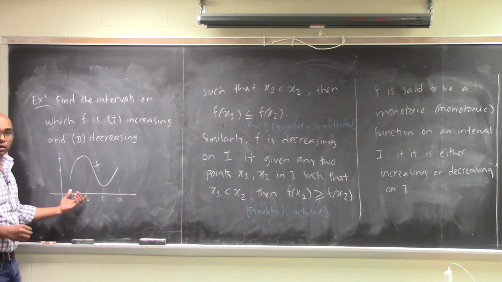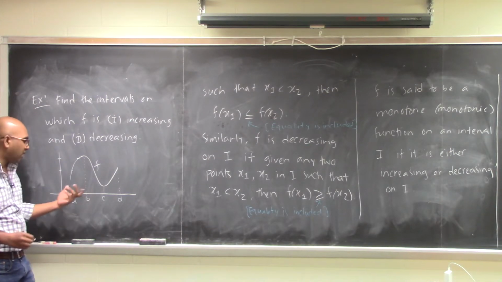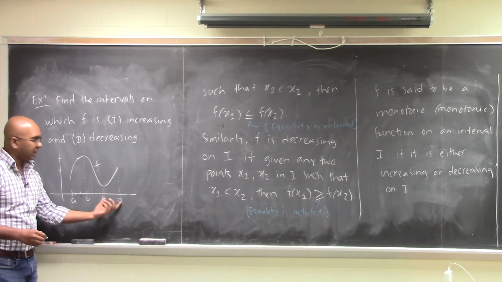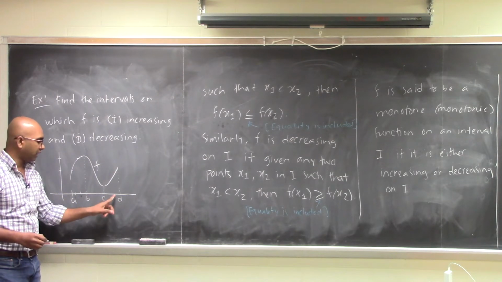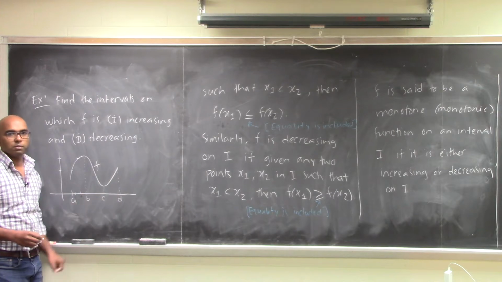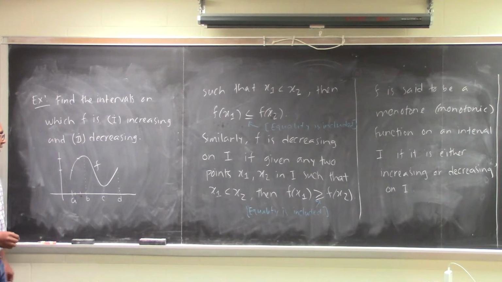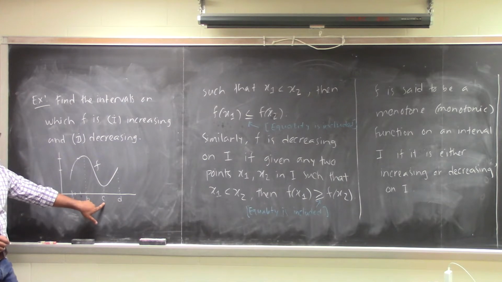Okay, is that all? No, it's not, right? Similarly on c to d, it is increasing. You give bigger inputs, it will give bigger outputs. And where is it decreasing? It's here, right? B to C, right?